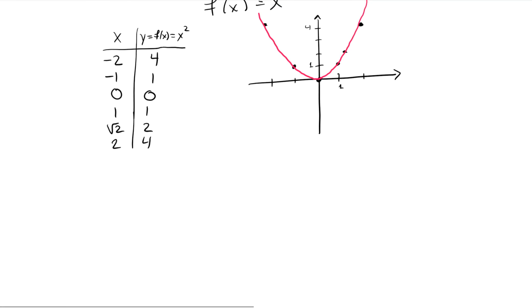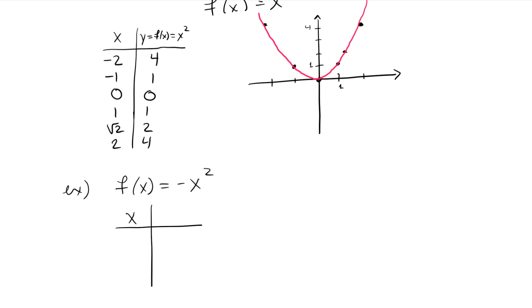We're going to look at f of x is minus x squared. So what if I hit the expression with a minus sign? Well, the only difference, if I pick the same numbers as before, is that I'll have the same numbers but hit with a negative sign.